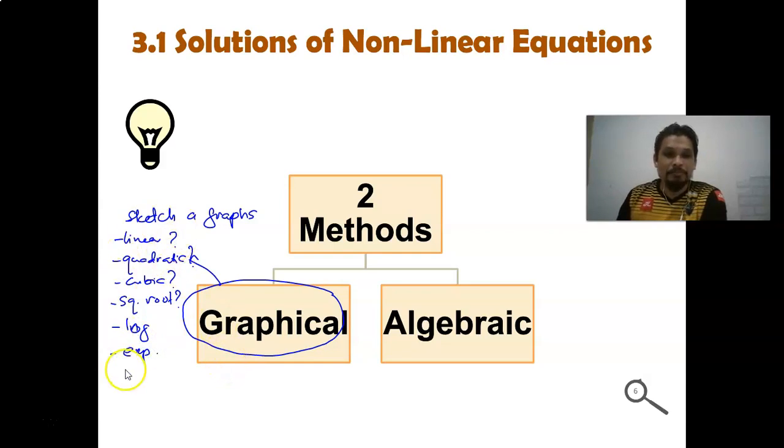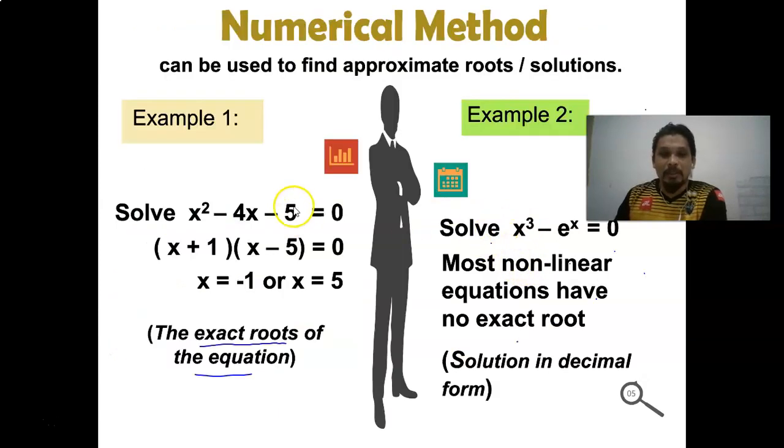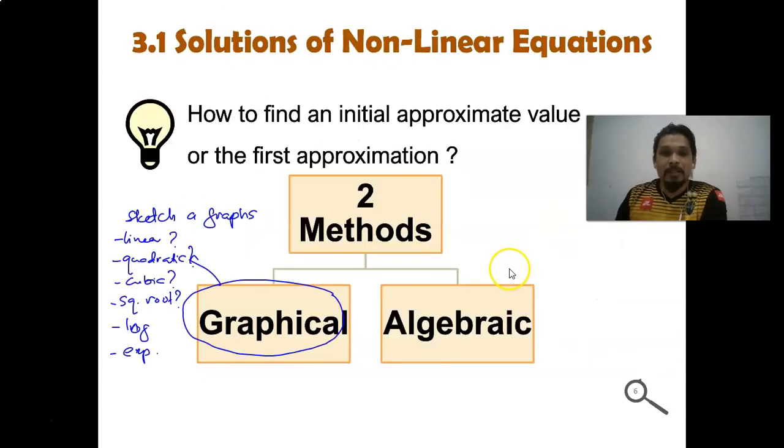Please refresh, ask yourself whether you can still sketch all these kinds of graphs, because we need them in this part. And algebraic means that we look into the equation of this one here just now. Okay, how to find the initial approximate value or the first approximation?